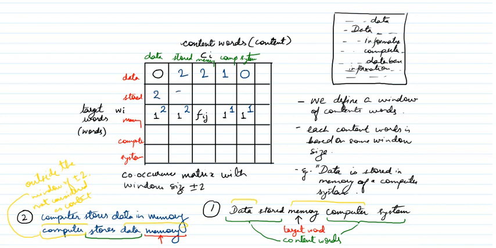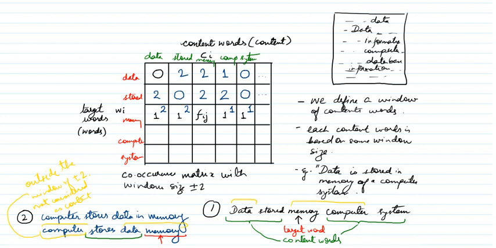Stored with stored is 0, and stored with memory is 1 context here and 1 context here, so it is 2. And stored with computer, yes, it is context, and yes, it is context. Stored with system is not a context, it is 0 here.